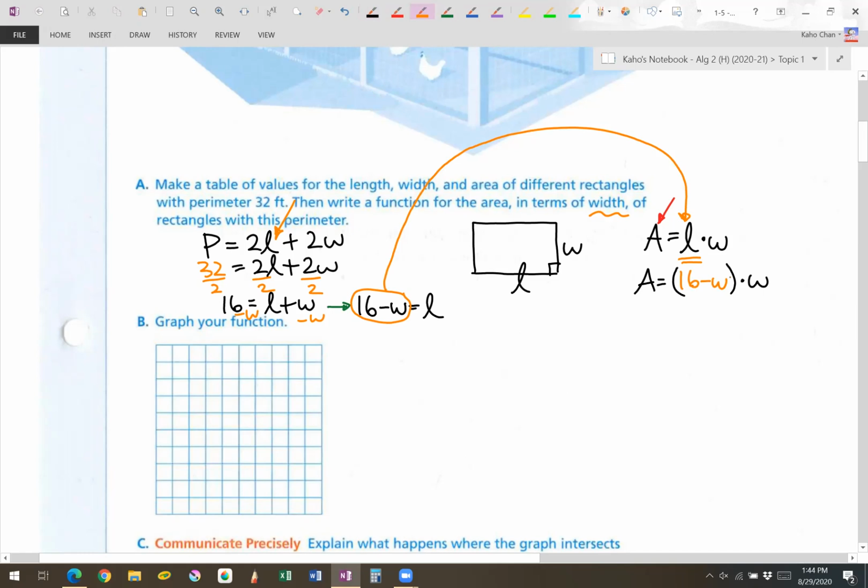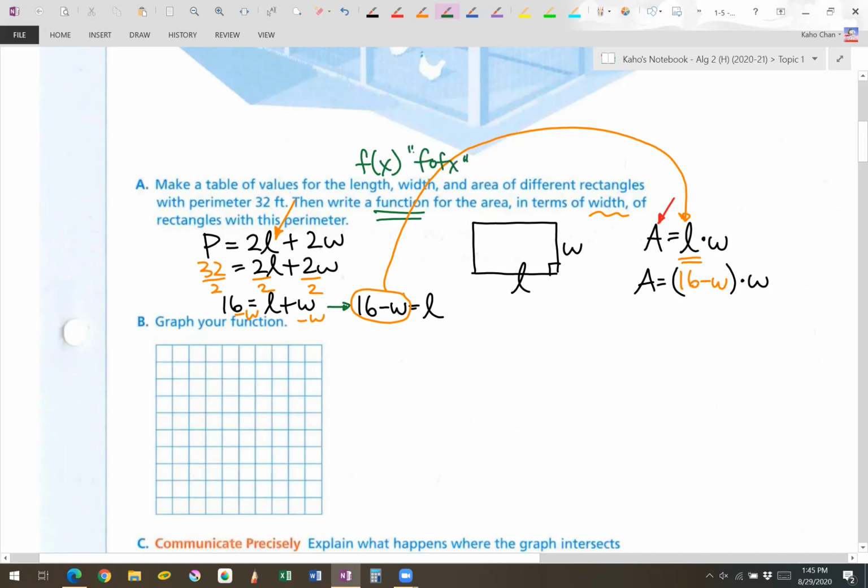When you rewrite this, let's write it as a function. Function notation you might have seen or remember from Algebra 1. This formula is in terms of W. When you learned function notation in Algebra 1, you might have heard function notation like f of x.